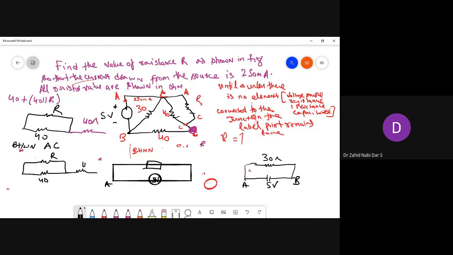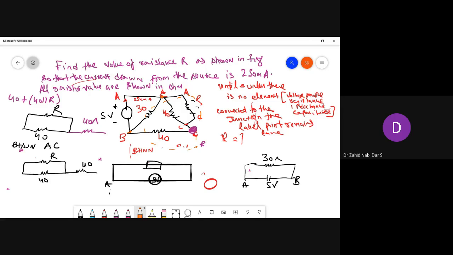Now if I reduce this network, suppose I reduce it till here, I will reach this 40, R and 40. So this parallel combination of 40 and R would be connected to A, and after the reduction of this series network, the other point would be connected to B. You are getting my point?